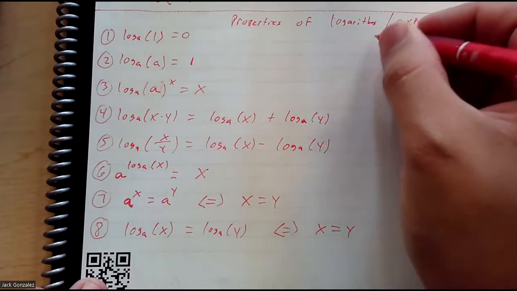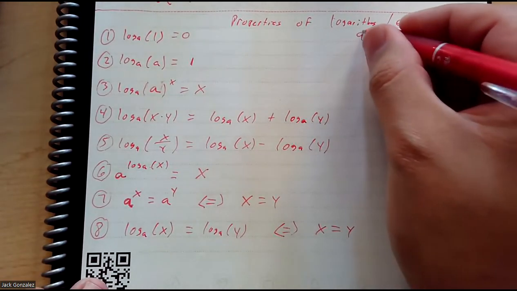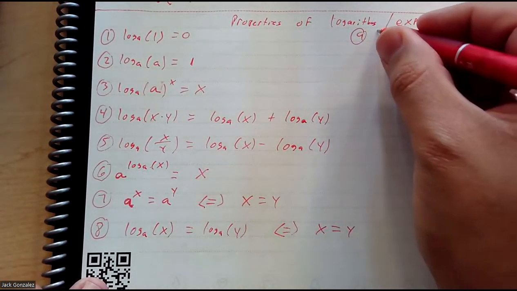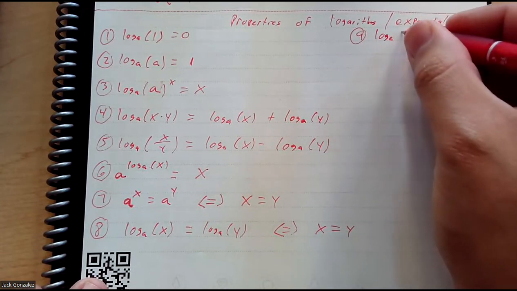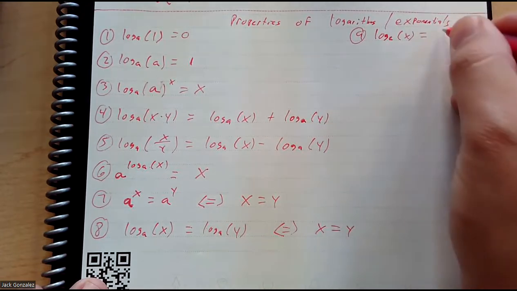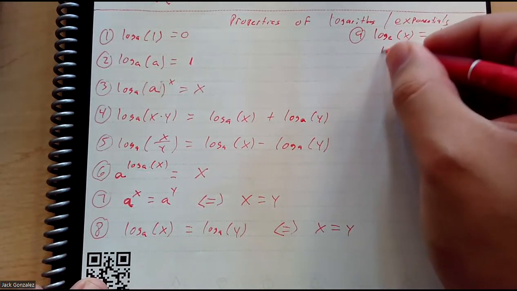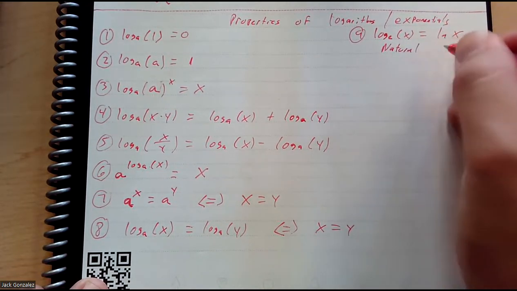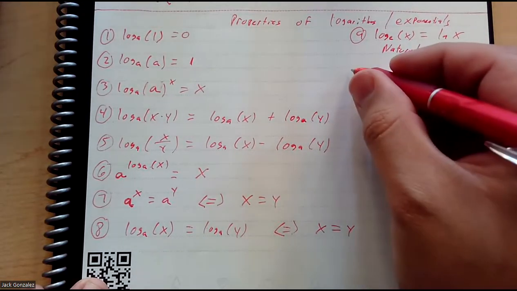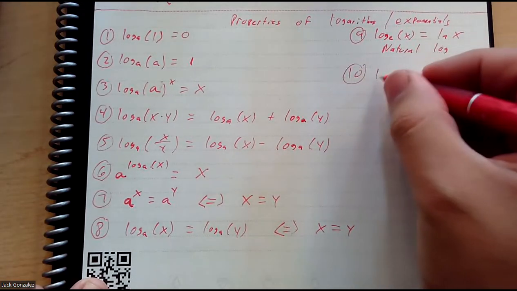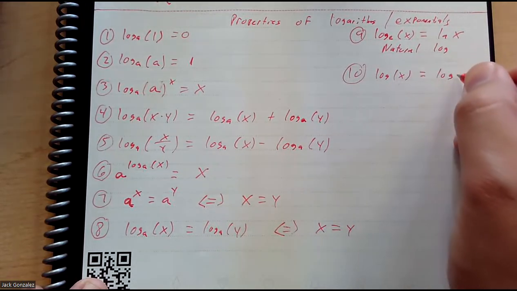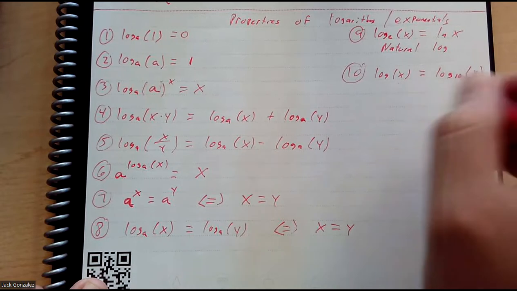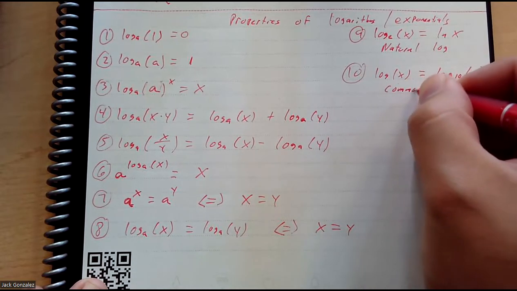A couple more notes here. Log base e of x is equal to ln x. This is called the natural log, in case you forgot. Number 10, if they do not write a base, it's understood to be log base 10, called the common log.